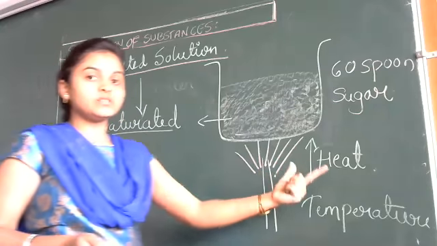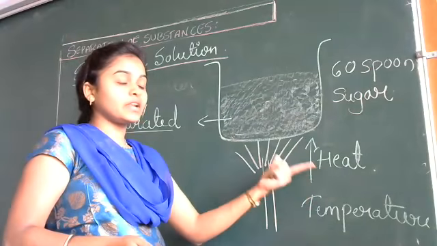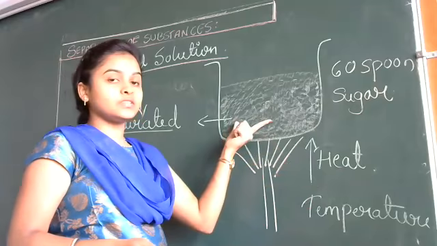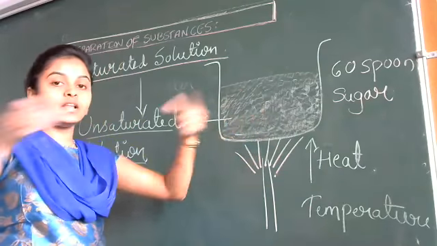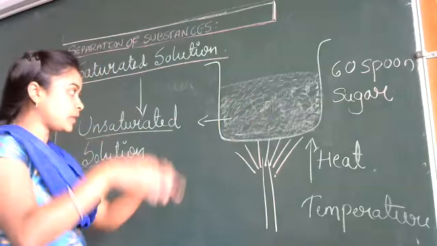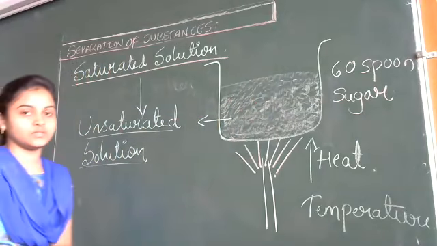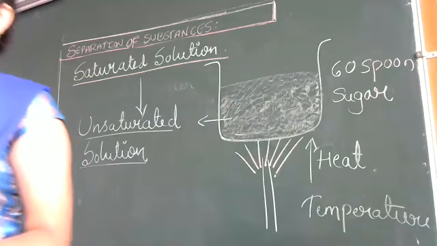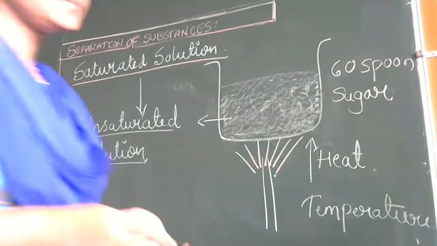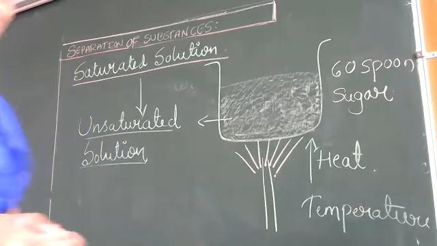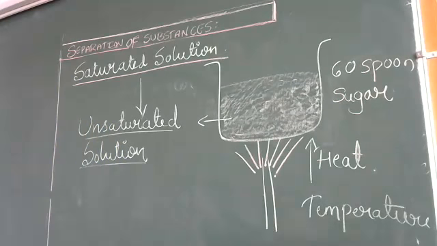Heat, yes. As we supply this heat, the temperature of this solution increases, so that more sugar will dissolve to make it an unsaturated solution. I hope till here no one has doubts. Shall we wind up the class? Okay.